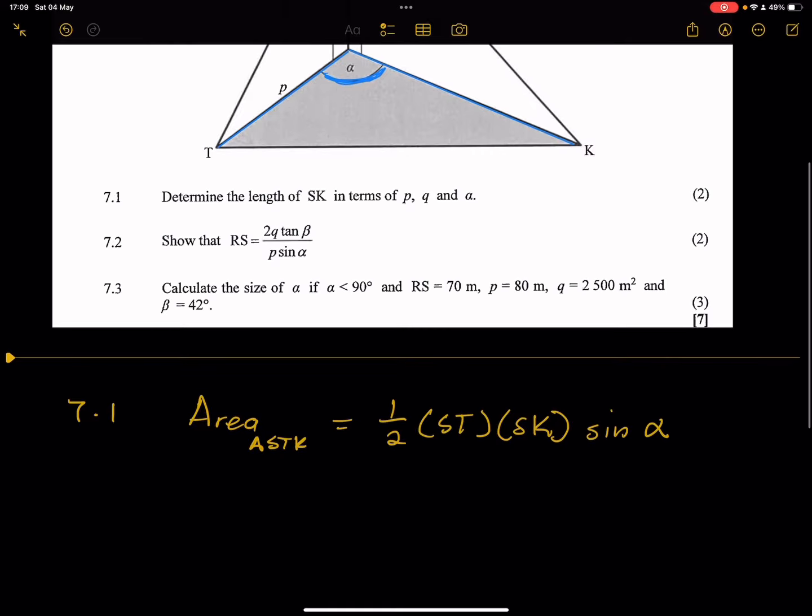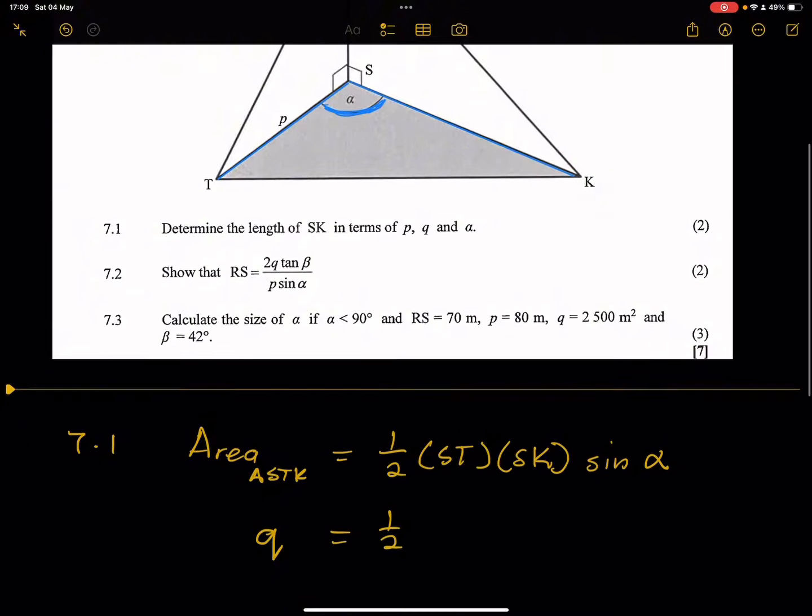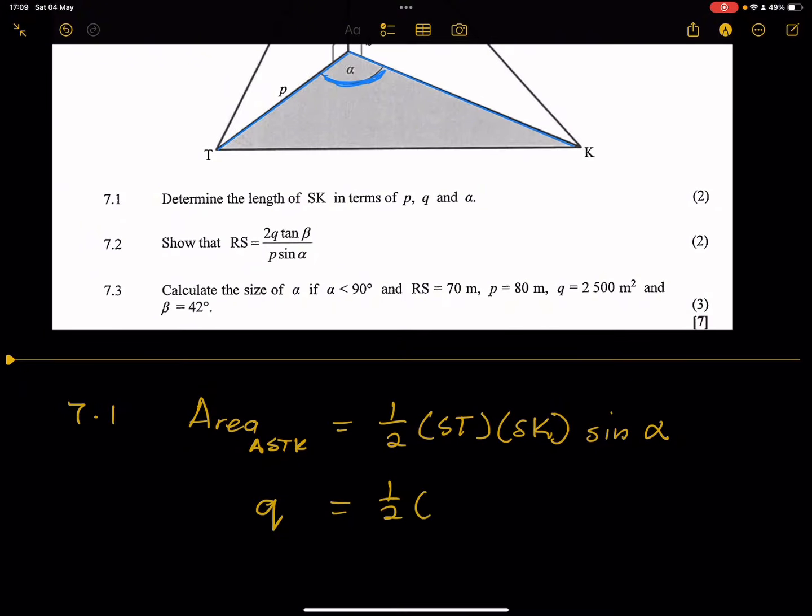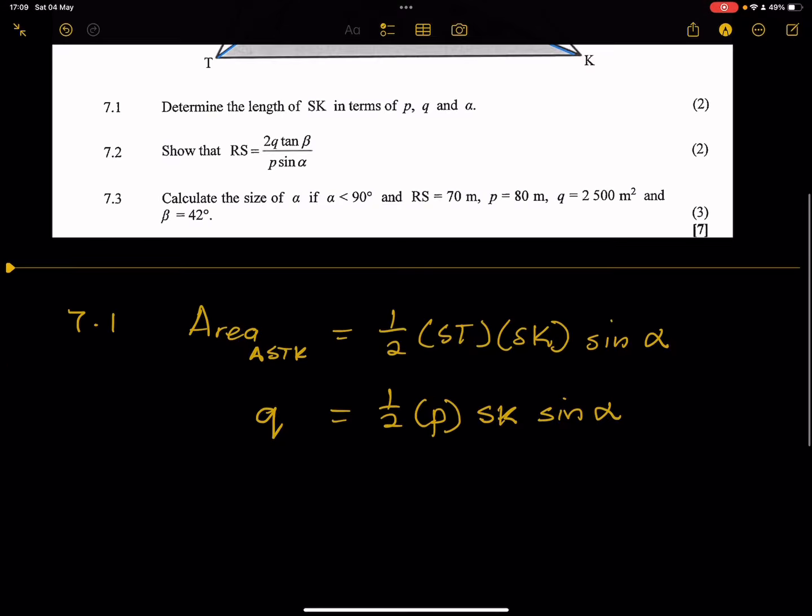Now remember they said that the area is Q meters squared. That's half of, now I know that ST is P meters, so that's P, and SK is the one that I don't know, and this would be sine of alpha.